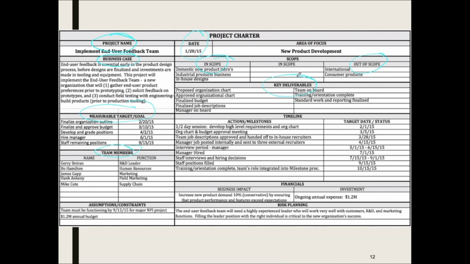What are the key deliverables of the phases of the project? For example, here you can see the approved organizational chart, finalized budget. See, finalized budget is not a system, it's not a product, it is a document, but it's a deliverable. And so on. And here you will have the timeline.